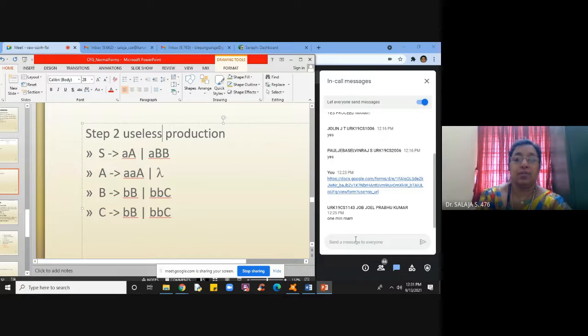Can I have the response from more number of students, please? A, B, and C are three options given by your friends. Is there anyone who says only B or only C or only A or both? Can I have it on the chat box, please? Which means only these three students have understood. Am I right? Can I have the response, please?